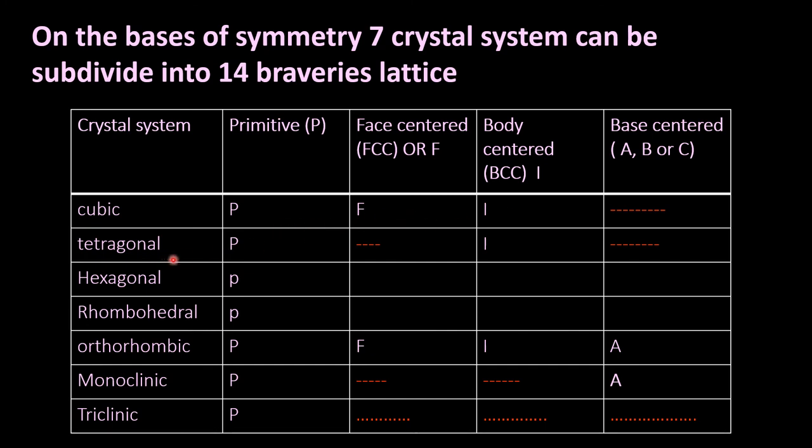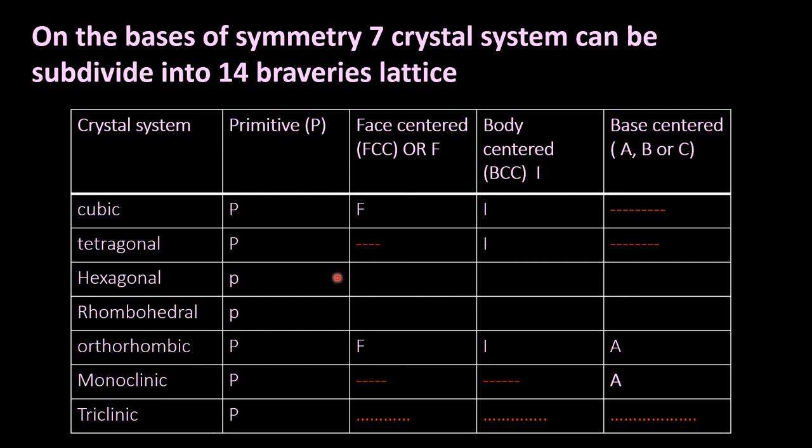Now we come to the tetragonal crystal system. The tetragonal crystal system has 2 types of Bravais lattice. Number 1, the primitive Bravais lattice, which has the atom only at the corners of the tetragon. And then there is the body-centered tetragonal crystal system, which has an atom at the center of the tetragonal crystal system other than the corner atoms.